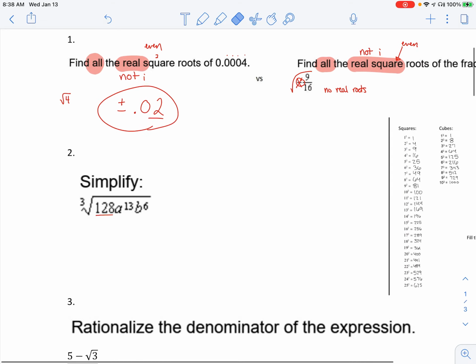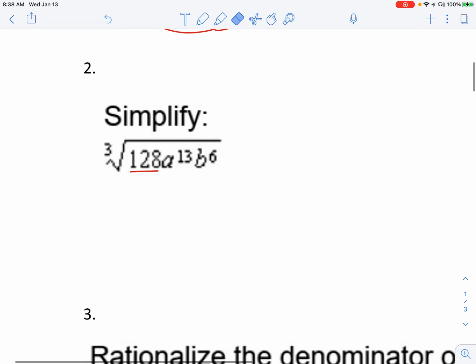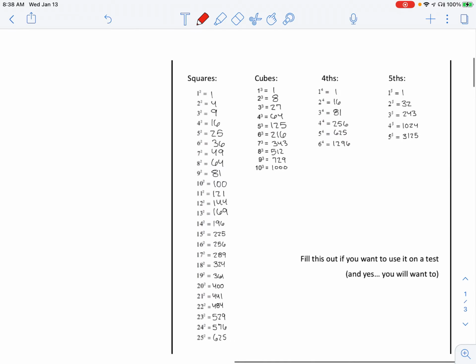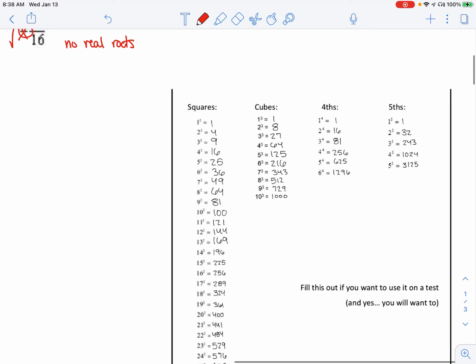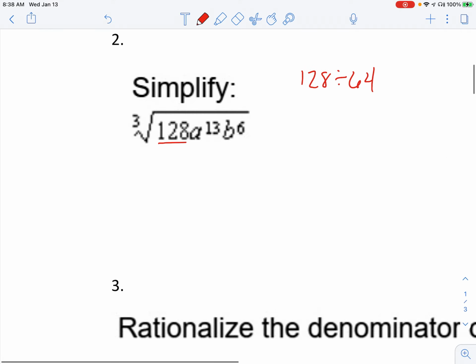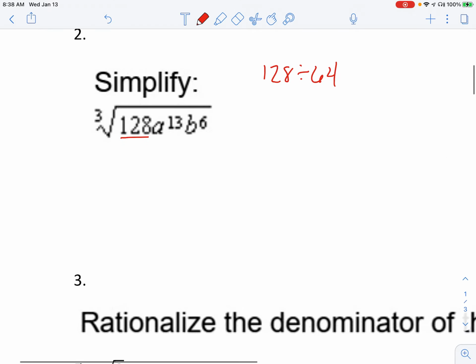If you want to get your calculator, feel free to do that. You're going to do 128 divided by 64. If you get a decimal, move to 27. If you get a decimal, move to 8. So 128 divided by 64 is 2, and it's a clean cut 2, which means 64 is the number you want to be using. So make sure you look at your right list.